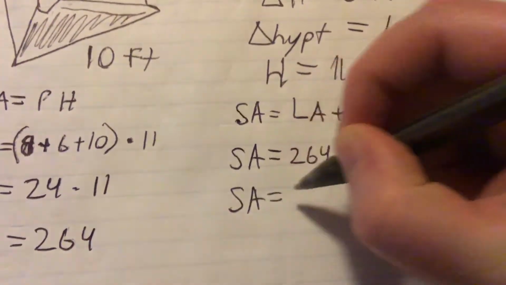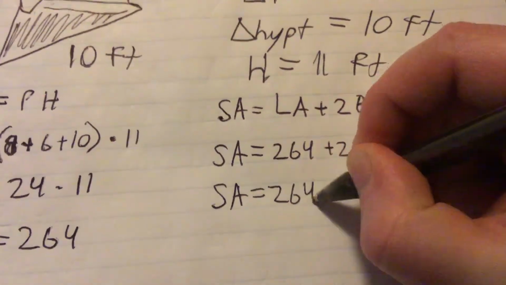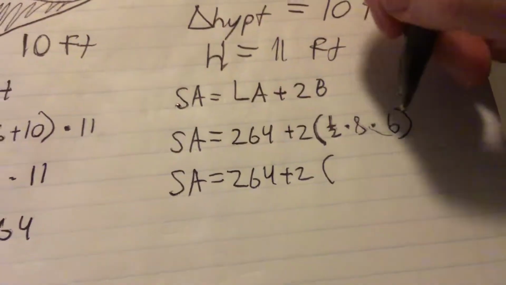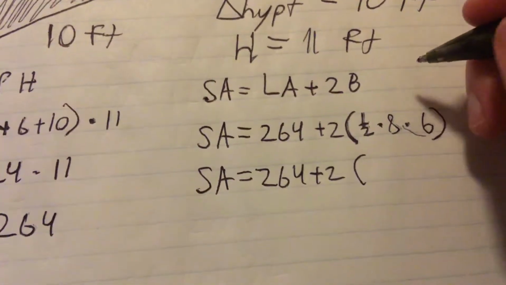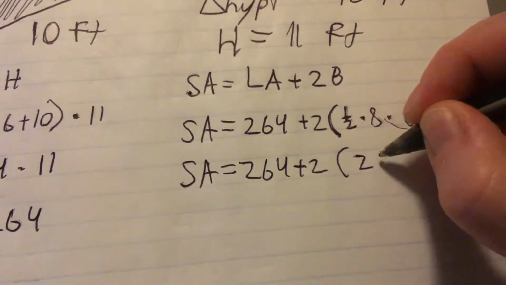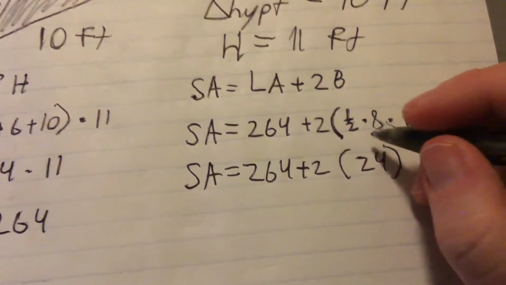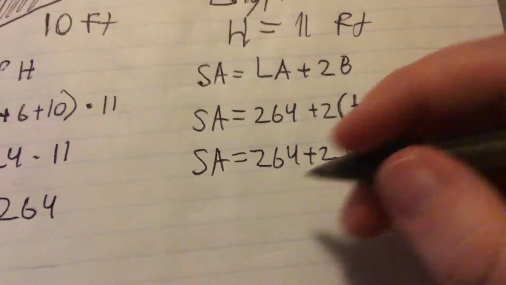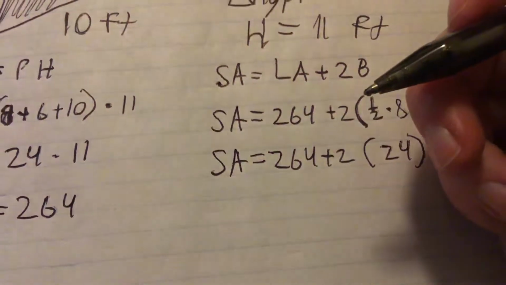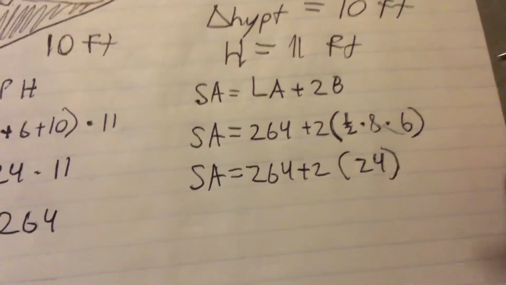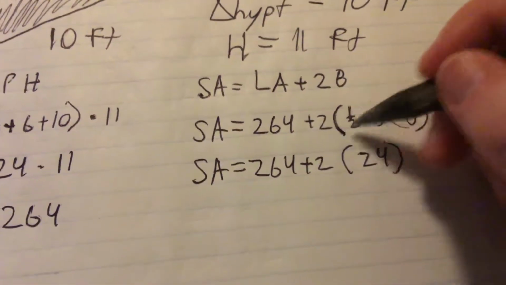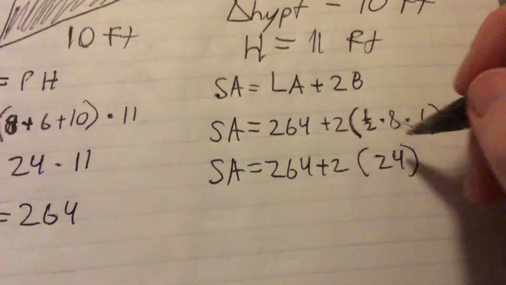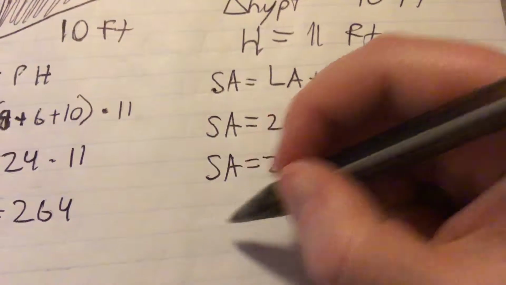Surface area equals 264 plus 2. Okay, we know that that is going to be 24. Because you multiply those two and then divide that number by 2. Okay. Or you can just keep it. I'm sure you guys will just probably skip that whole step together and just keep that. Because I believe that's just going to cancel out here in a second.